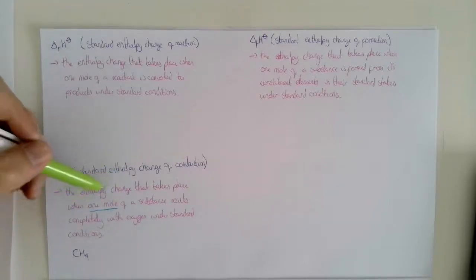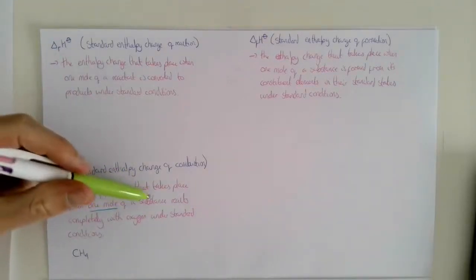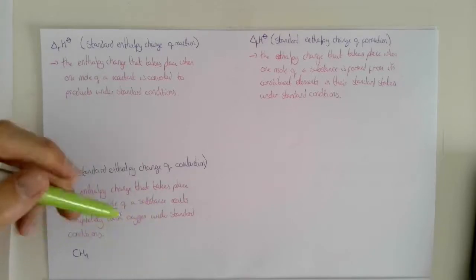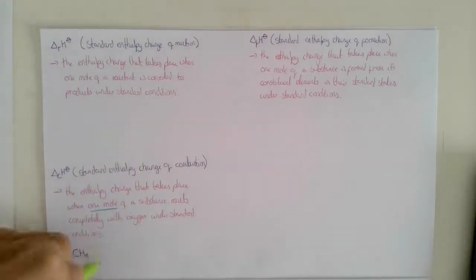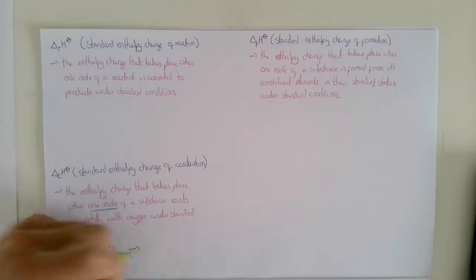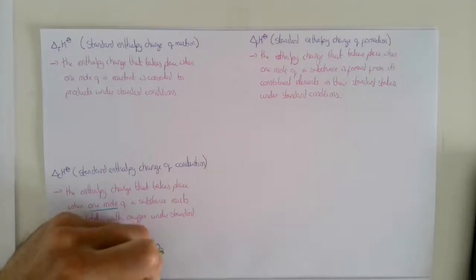So 1 mole of methane is going to react completely with oxygen, and the products of combustion are carbon dioxide and water.